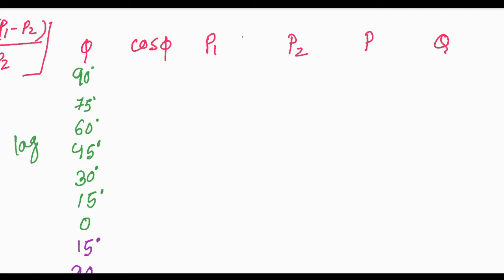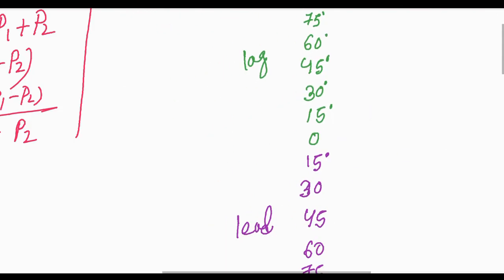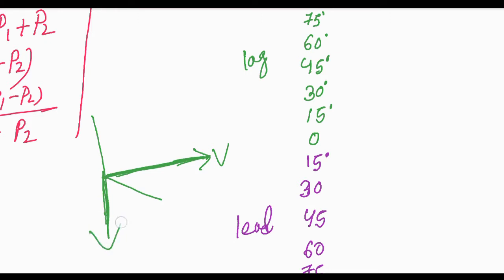So for leading and lagging, the power factor is same, only we have to add another term, that is lead or lag. So in power factor, because the cos value is changing from -1 to +1, but the angle, suppose this one is the voltage phasor, and the current will lag, so maximum lagging will be 90 degree for pure inductive loads, and maximum leading of 90 degree for pure capacitive loads.